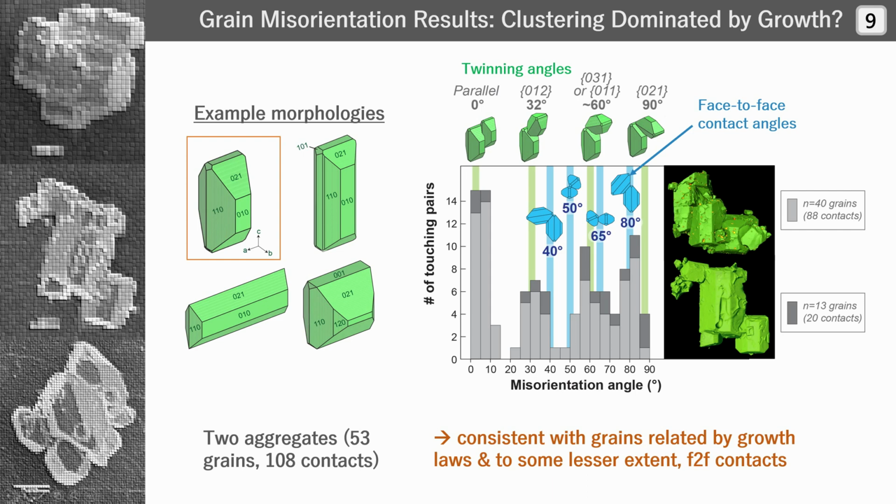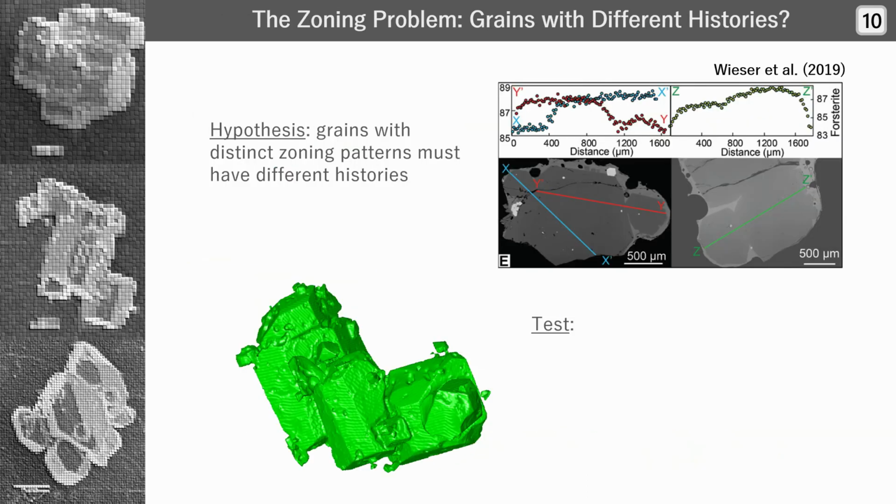To a first order, it seems like the distribution of grain misorientations in the 2 clusters is slightly closer, at least the modes, to the green bars, but not always. You can see that the blue ones are also close by. In essence, purely on the basis of grain orientations, we can't really confidently say that growth or synneusis is the only responsible mechanism to form clusters.